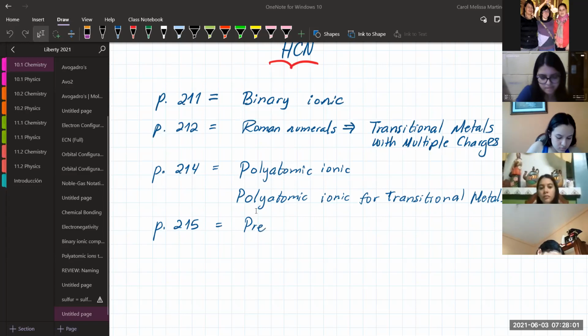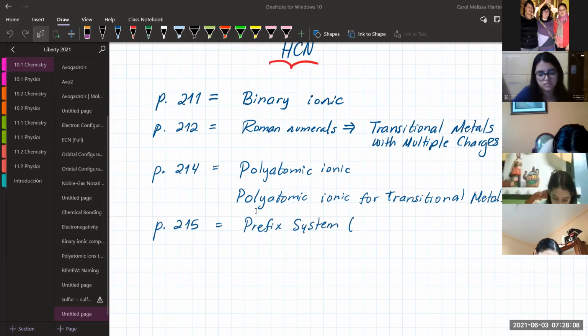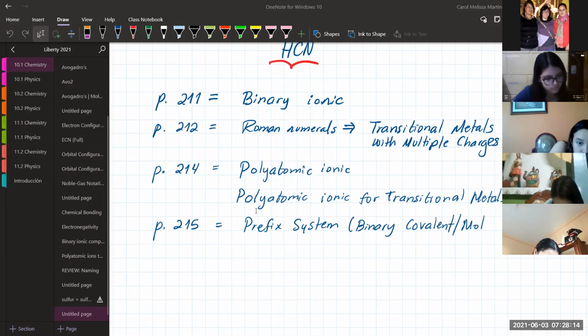So, you can call it prefix system, like in the textbook, which is just another way to say binary covalent, or molecular. I think this is the easiest of the topics. In my opinion, this is the easiest of the topics.